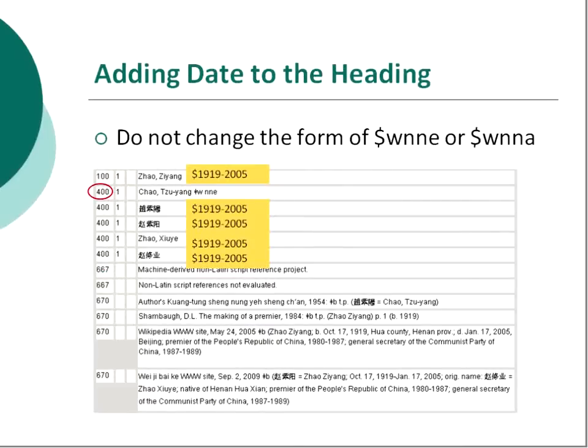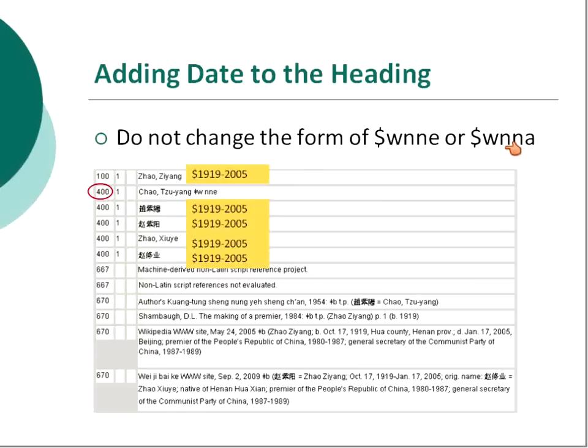Adding date to the heading. Now remember we talked about the WNNE form. As a matter of fact, we just went over it in the previous slide. So the WNNE form and also the WNNA, the pre-AACR2 form of heading, or we sometimes call it the old catalog heading form. Now, because those two forms, the WNNE and WNNA, are formally authorized heading forms, they should not be altered in any way.